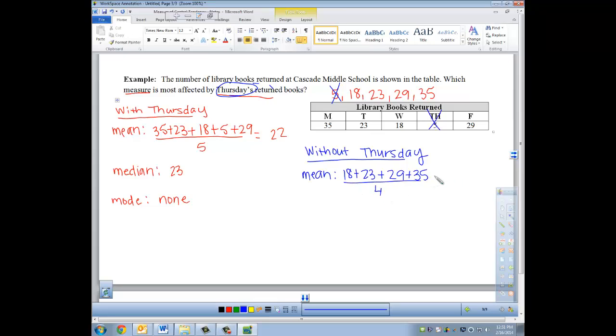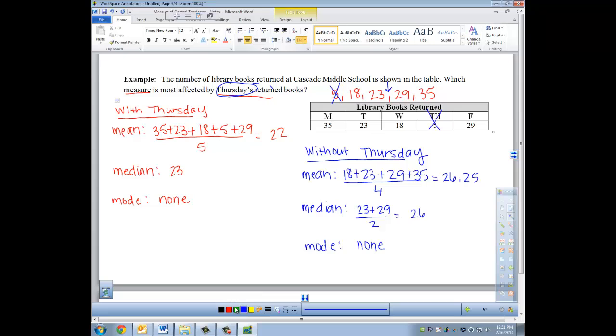I only have 4 numbers. We're going to get 26.25. Okay, so there was a slight change there, it went up. The median is going to change because now I don't have an exact middle number. So I need to take the average of the two middle numbers, 23 plus 29 divided by 2. We get 26. And then the mode, there is still no mode.